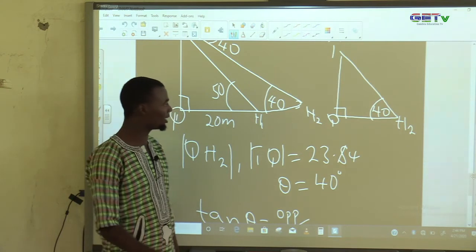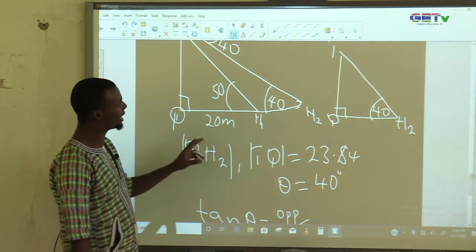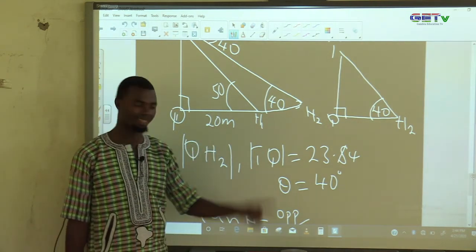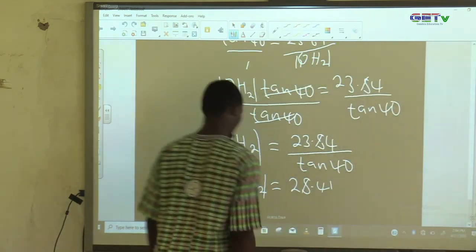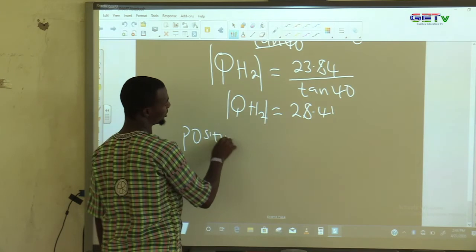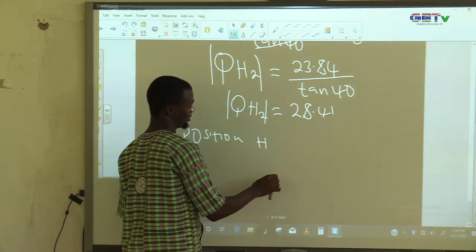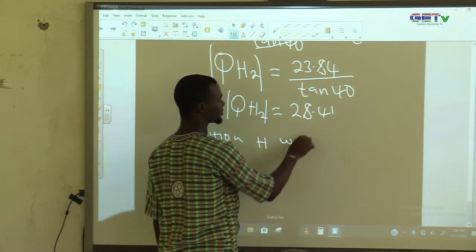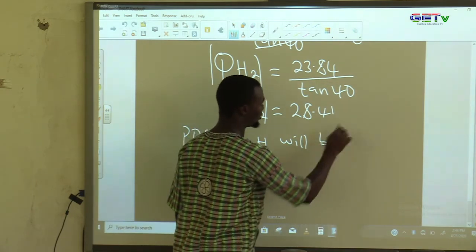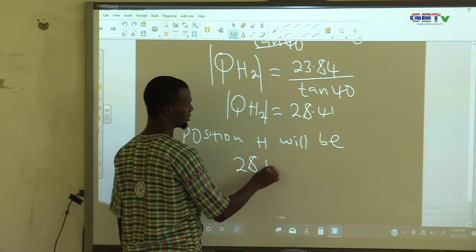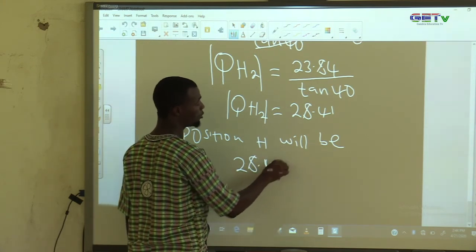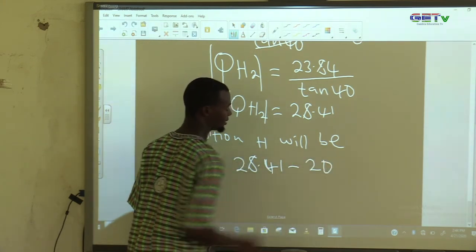Now, where will be the position of H? You will subtract the two distances. The position of H will be 28.41 minus 20.